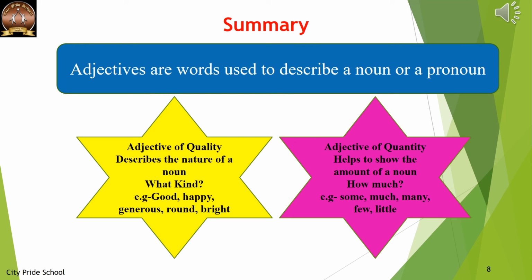Adjective of quantity. It helps to show the amount of a noun. It doesn't specify the number, it tells you the amount of a noun and it answers the question how much. Example: some, much, many, few, little. And it is always used with uncountable nouns.